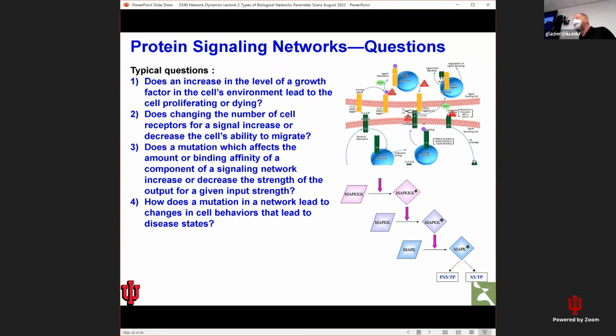That tends to be an almost impossible question to answer, unfortunately. A lot of molecular dynamics is devoted to trying to understand that. And if there are mutations in the network, because some component of that network is interfered with, does that change the outputs of the cell in a way that leads to a disease state? Again, that's a classic question of cancer, also degenerative diseases.